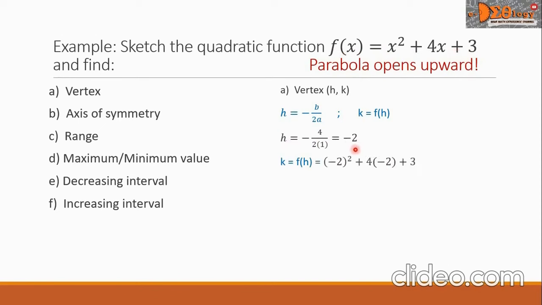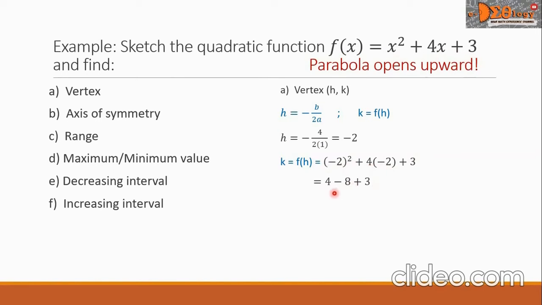So we have the x squared becomes the square of negative 2 plus 4x is now 4 times negative 2 plus 3. We simply copy here. Then we simplify. The square of negative 2 is positive 4 plus 4 times negative 2 is negative 8, and then plus 3.